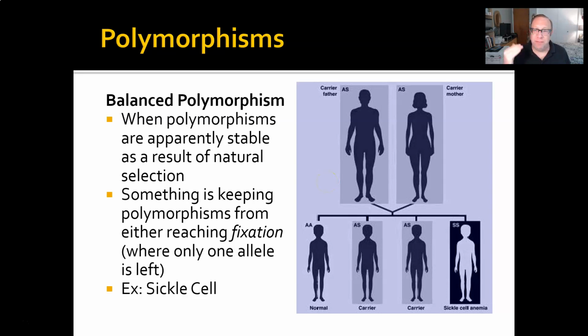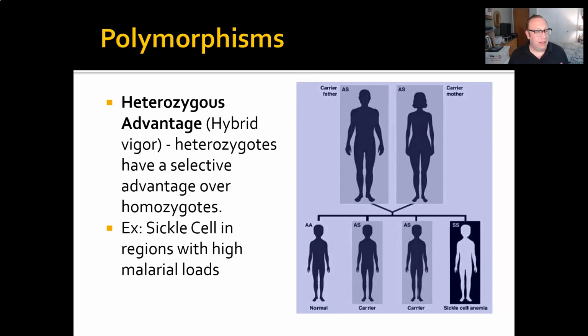An example of balanced polymorphism is sickle cell. The frequency of sickle cell in malarial regions is balanced because of heterozygous advantage.